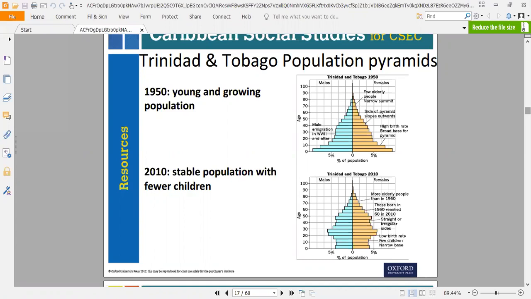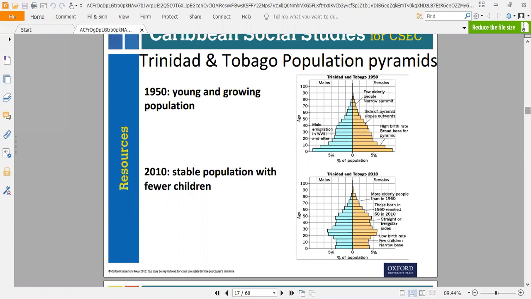So that is why we say that the population is young, because it is characterized by a large percentage of individuals who are between the ages of 0 to 20 or 0 to 18. And we realize that it is a growing population because between the ages of 20 to about 45, most of these individuals would be a part of the workforce, right?